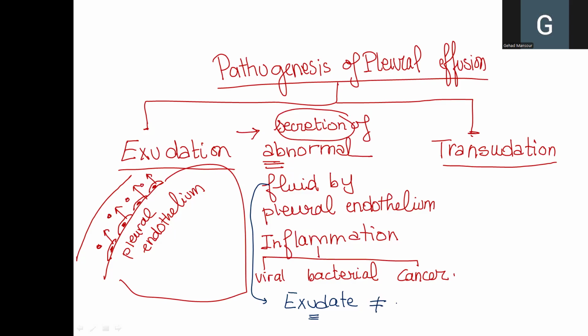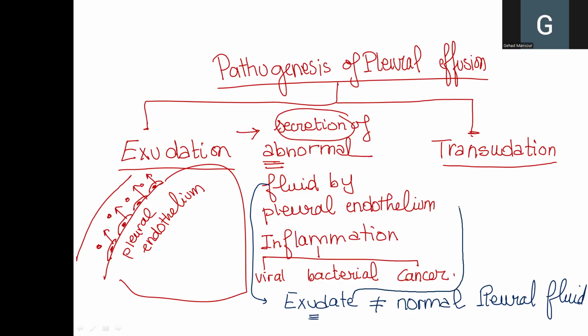It's not similar to the normal pleural fluid. How does the exudate differ in composition?